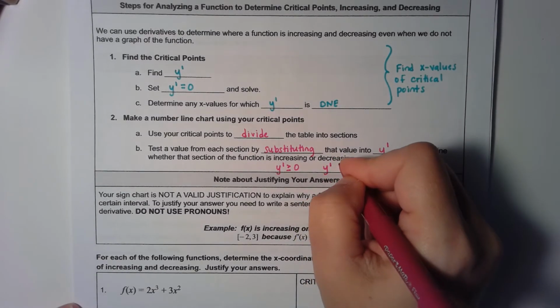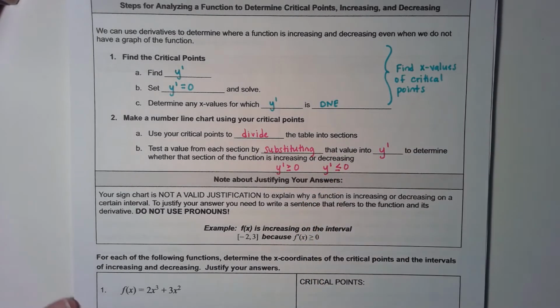And if the first derivative is less than or equal to 0, we say that the function is decreasing. And again, that's because greater than or equal to 0 would mean that you have a positive slope, so it's increasing. And less than or equal to 0 would mean that you have a negative slope, so that would be decreasing for that section. Now, as a secondary part of this question, we are often asked to justify our answers.